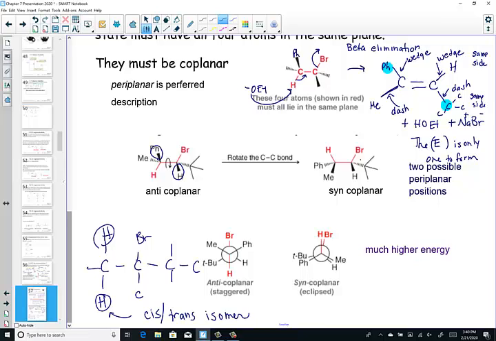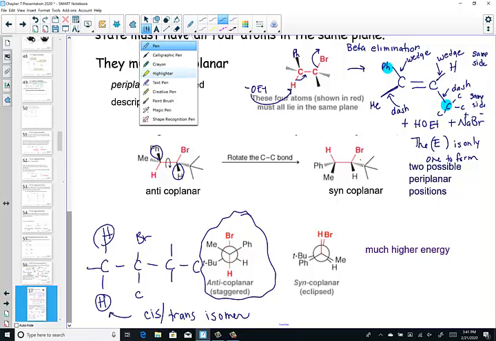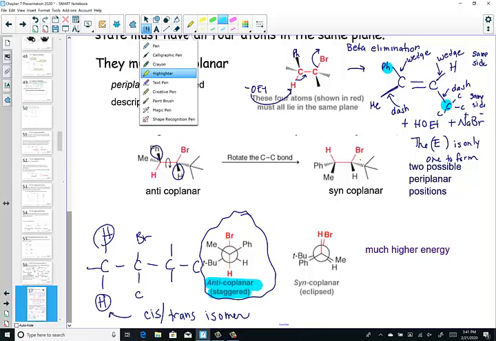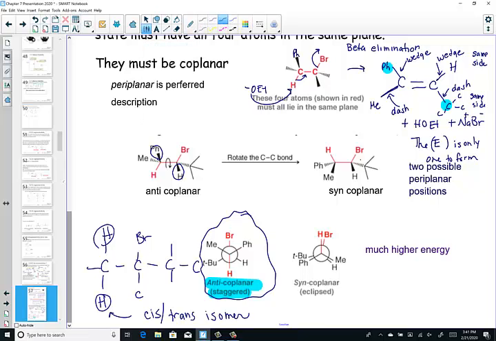And to determine if we get the E or the Z stereoisomer, we have to be sure that we place the leaving group and the hydrogen in the same plane, and they must be periplanar. Bromine is on the alpha carbon, that's the leaving group, and the hydrogen on the beta carbon must be on opposite sides of the same plane.